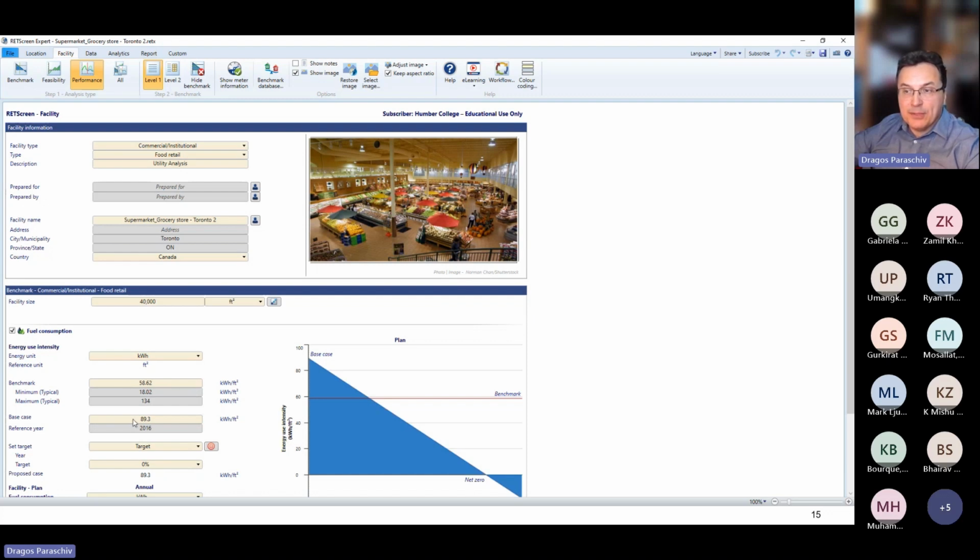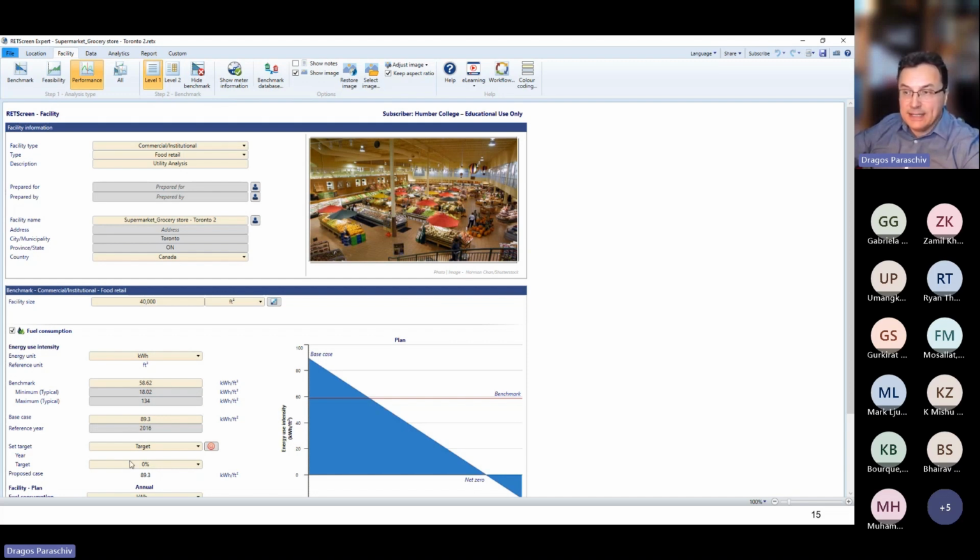So for this example here, our store that we use in this archetype in RETScreen has an 89.3 kilowatt hour per square foot consumption. So it's higher than the benchmark. We identify that we have some opportunity for savings because most stores are more efficient than this store here.